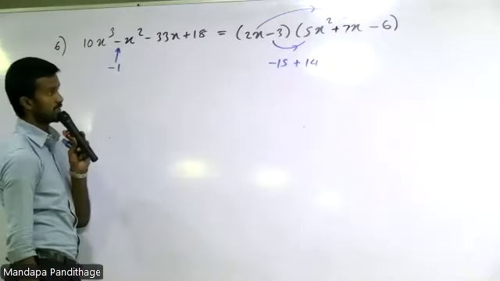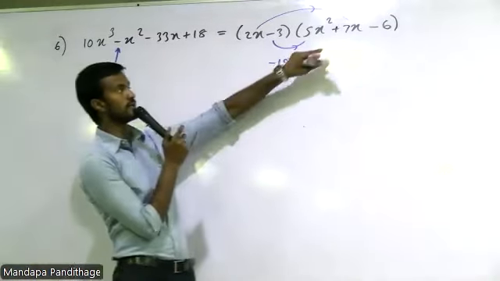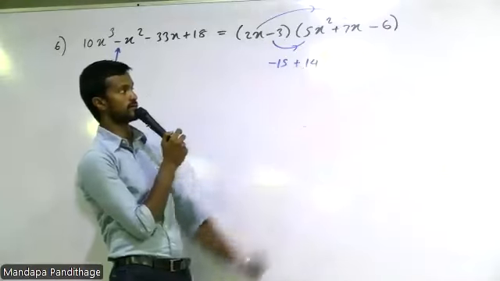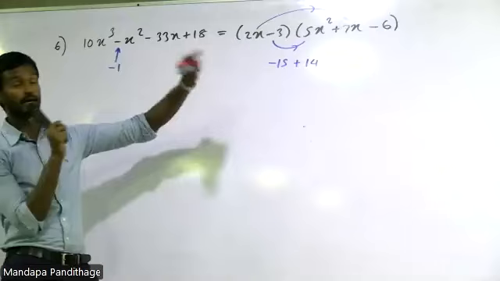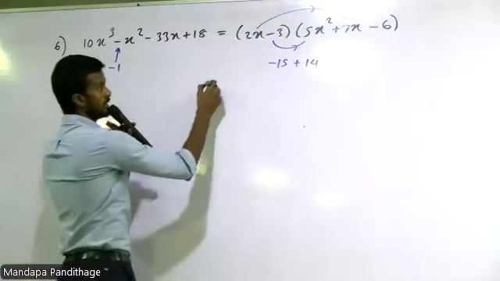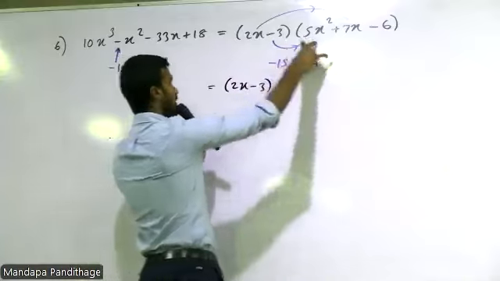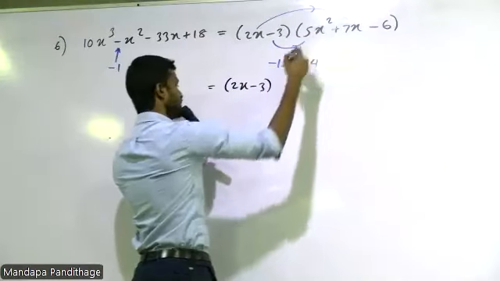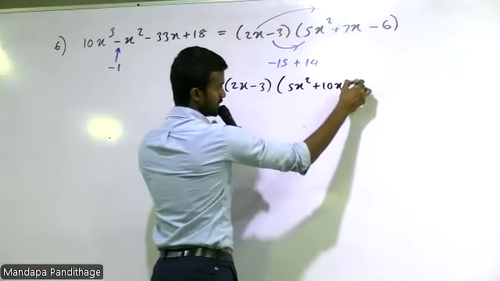So if you have taken that other factor, it's okay. But if you closely look at this quadratic factor, it gets factorized again. What we learned just now is enough, but you can factorize this quadratic again. So how can you factorize it? You want minus 30 and make it a 7, so it's 10x minus 3x.